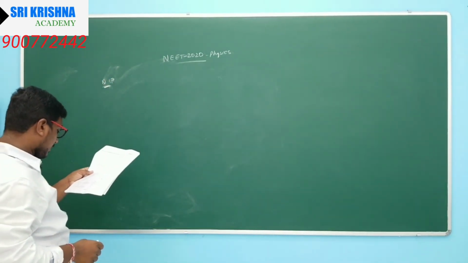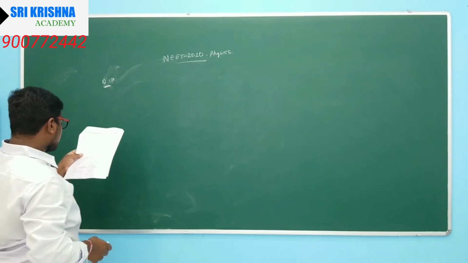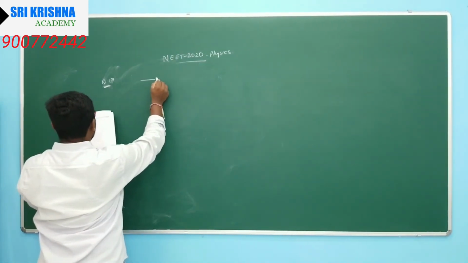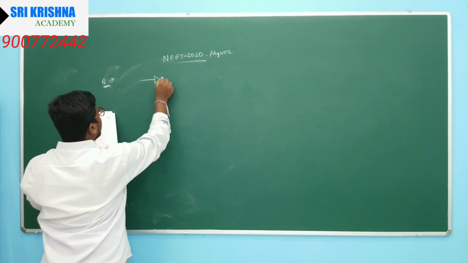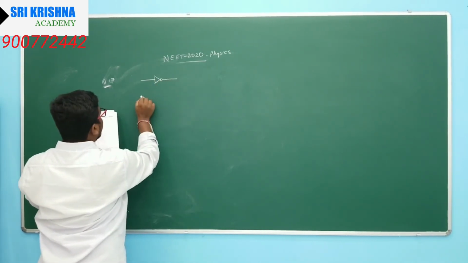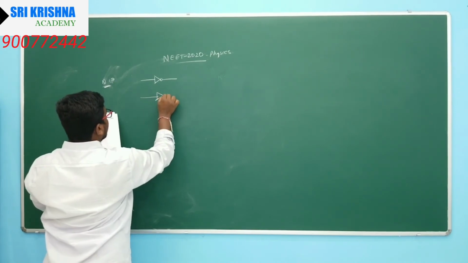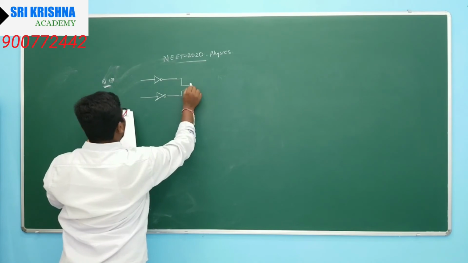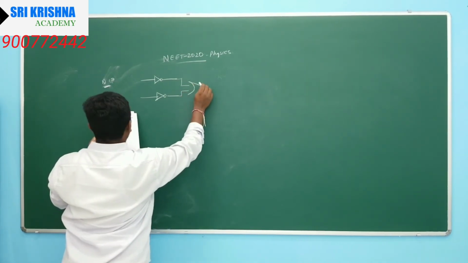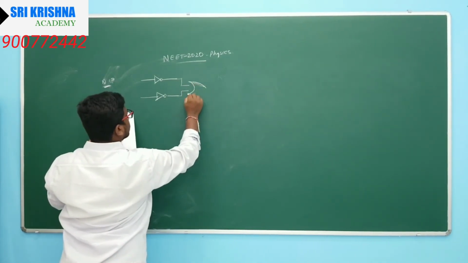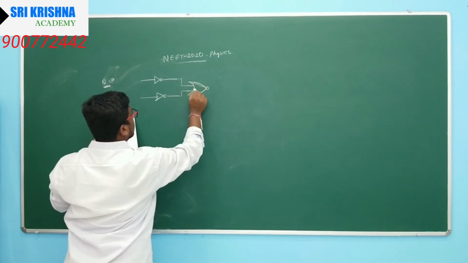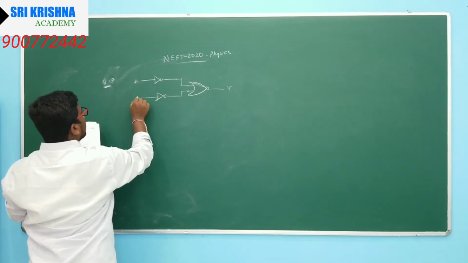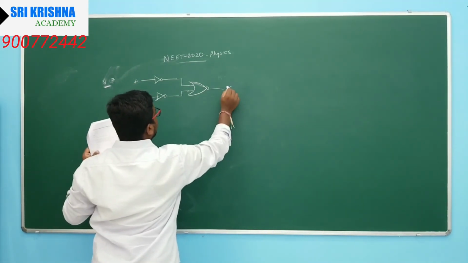Next question. For the logic circuit shown, what is the truth table? The circuit has a NOR gate and a NOT gate, connected to a NOR gate. A and B are the inputs.